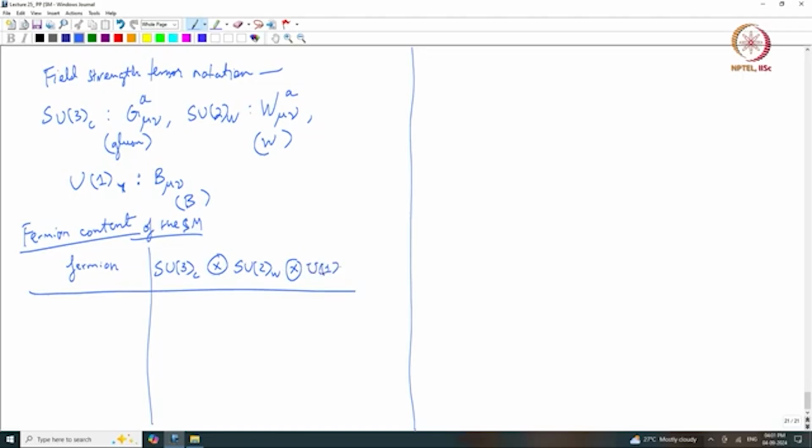It's not a direct sum, because this is not some reducible representation. I'm going to write the representation in which each of these fields lives for each of these groups. If it transforms under all 3 of them, so be it. That's what the direct product means.